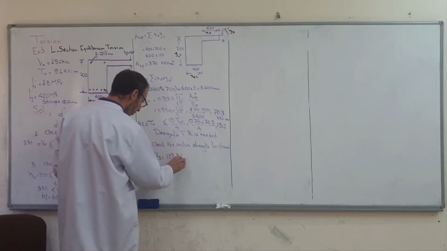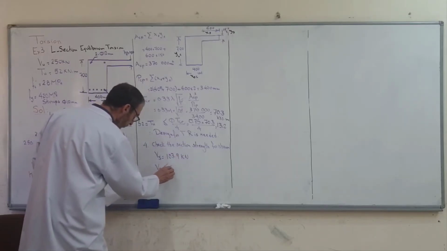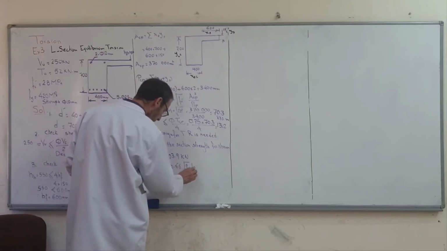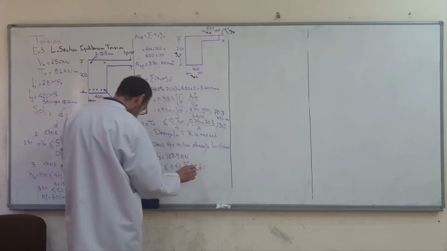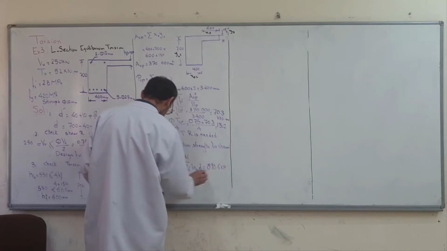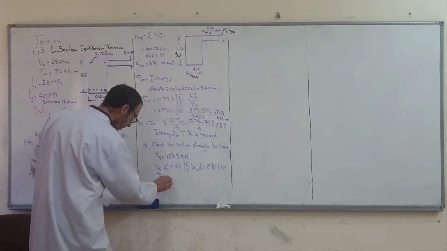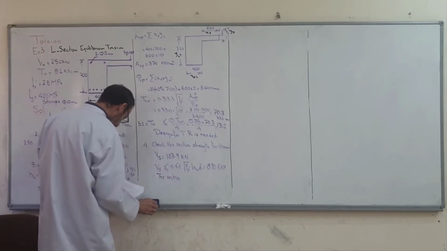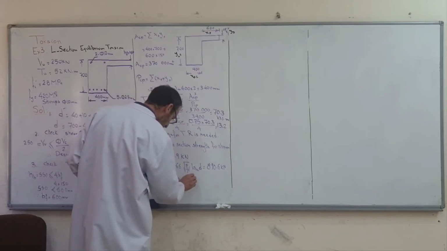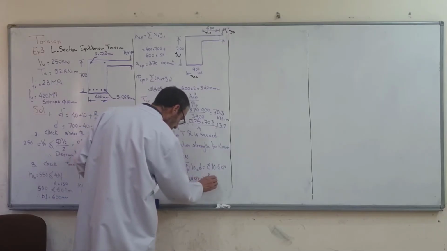Vs is less than 0.66 square root of fc prime bw d, which is equal to 890.6 kilonewtons. Vs is less than this, so the section is adequate for the applied shear.